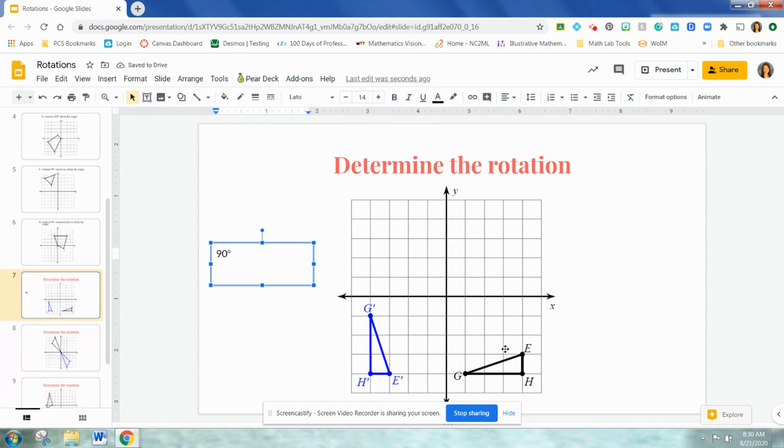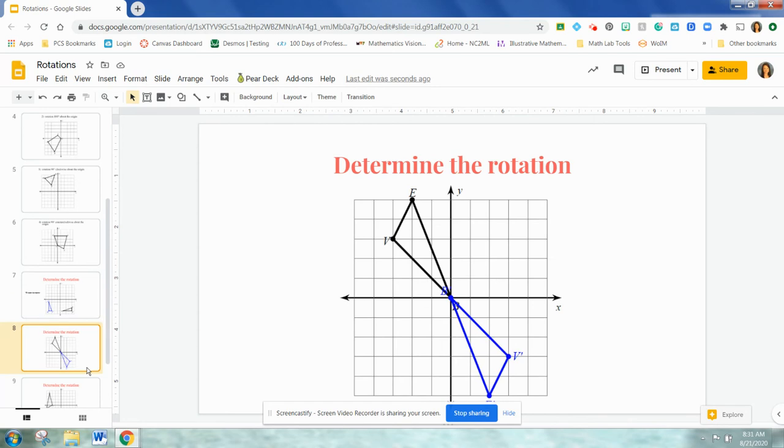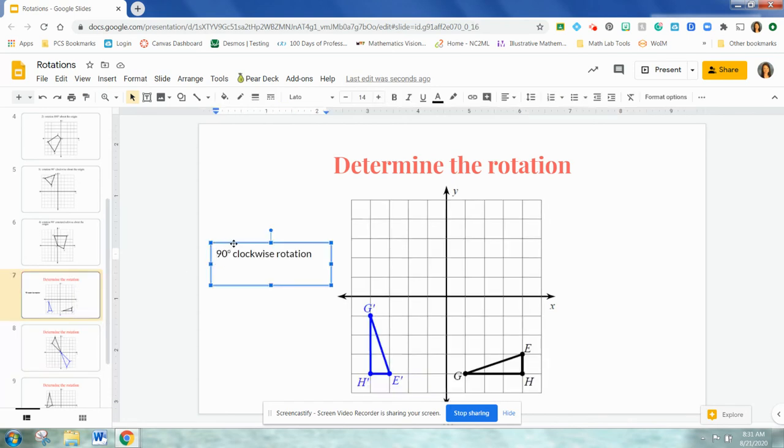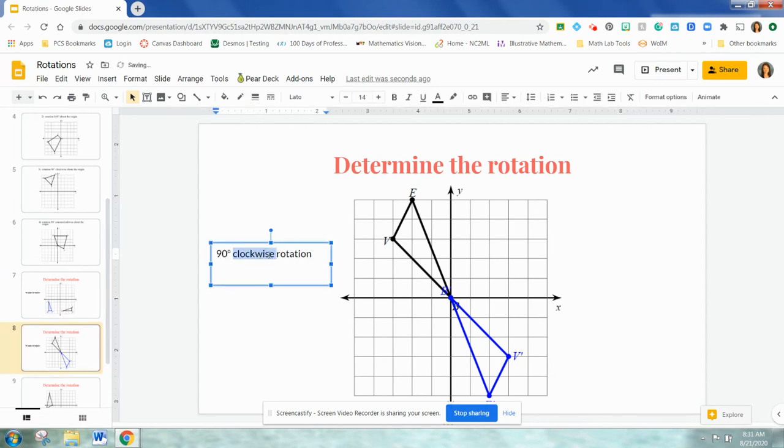Since I went from here to here, thinking about if that's clockwise or counterclockwise, a clock turns in this direction, so this would be clockwise. Actually, I'm going to cheat and copy paste, and then we'll change it as we need to.